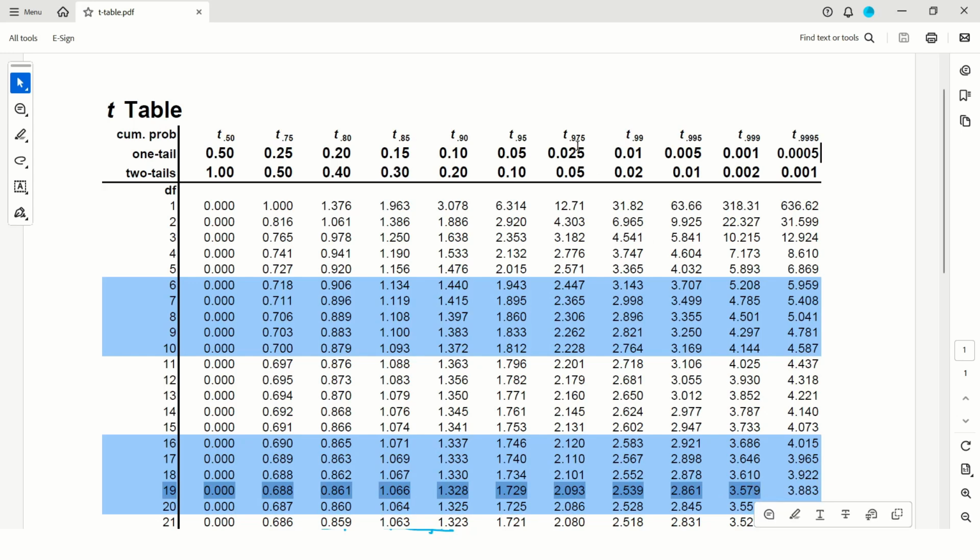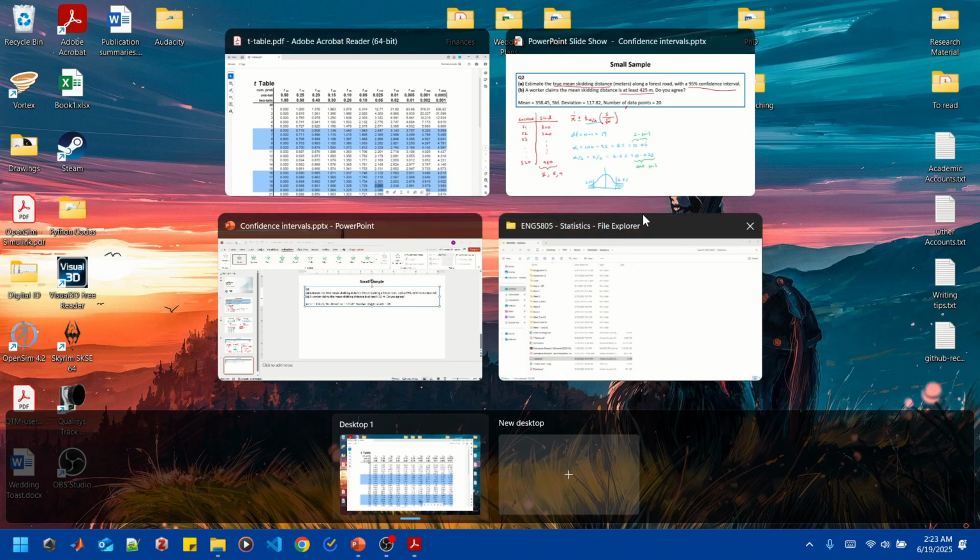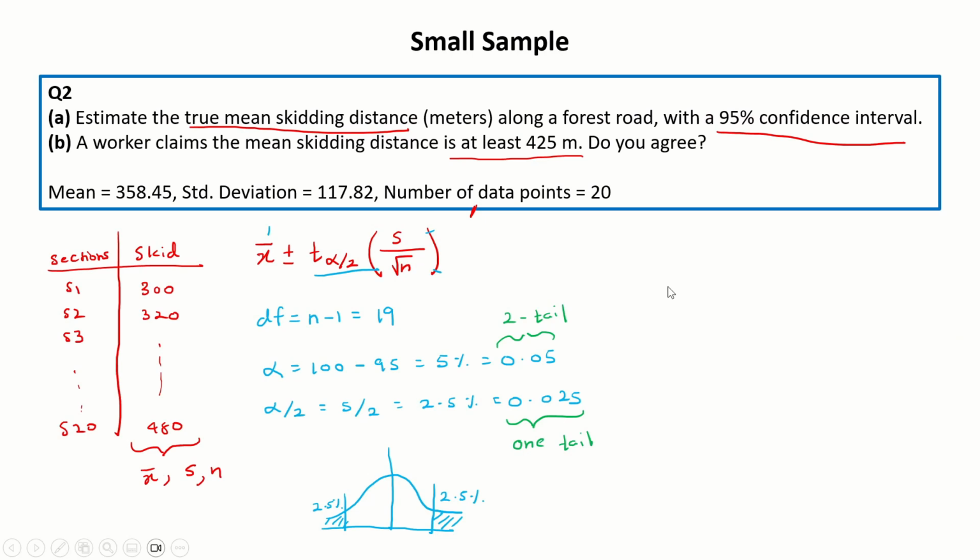And the value I want is this value over here, which is 2.093. So that means my t alpha over 2 is equal to 2.093.